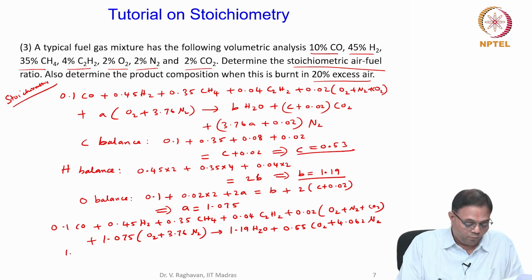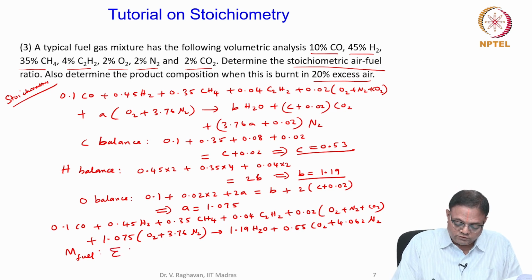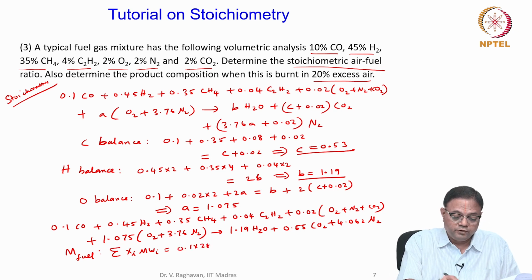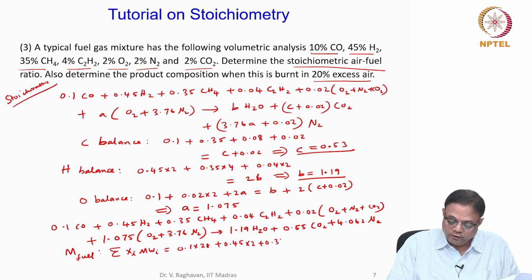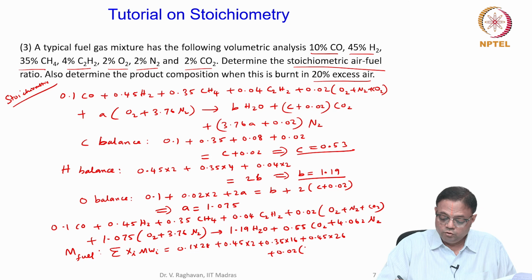So now we have to find the mass of fuel, the molecular weight of fuel. I know the mole fractions and the components, so do the sum of xi times molecular weight of each component. That may be got as 0.1 into 28, CO is 28, plus 0.45 into 2 plus 0.35 into 16 plus 0.04 into 26 plus 0.02 into 32 plus 28 plus 44.